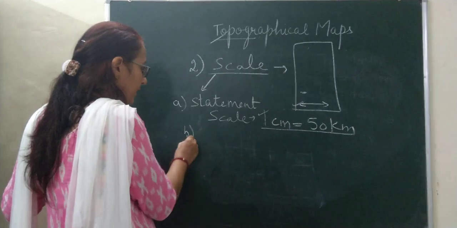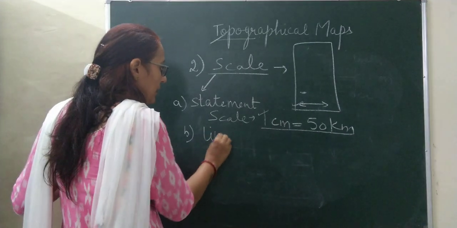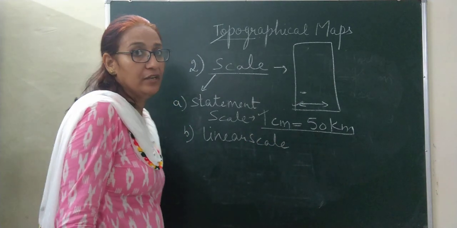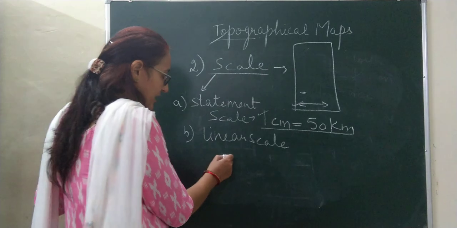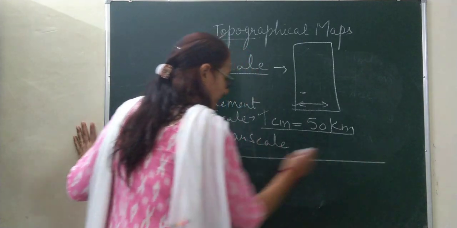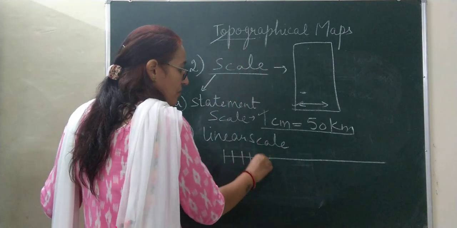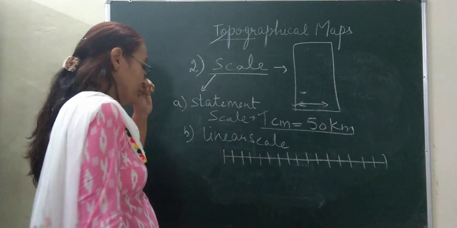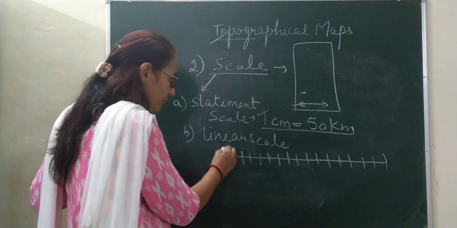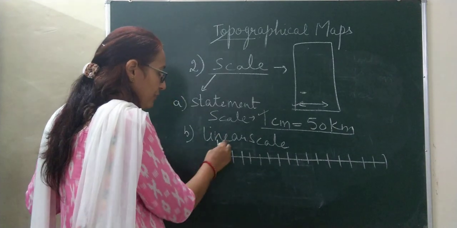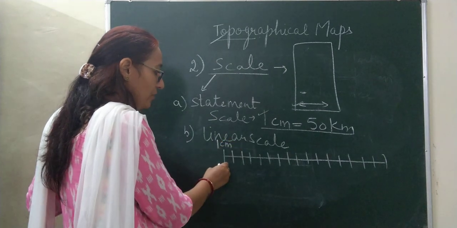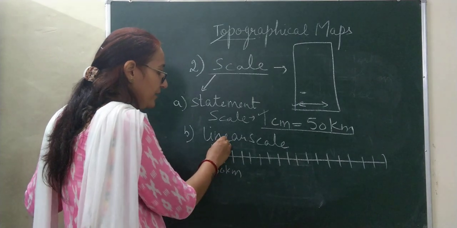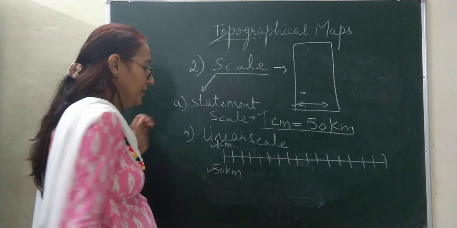Now what is the second type? That is linear scale. It is also known as graphical scale. Linear scale is represented as a horizontal line marked with vertical lines. On the top we can write 1 centimeter and at the bottom 50 kilometers, like 1 centimeter on map represents 50 kilometers on ground.